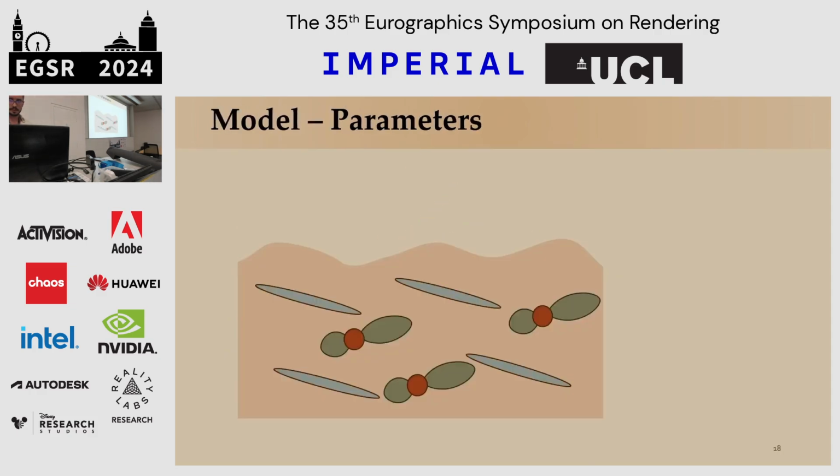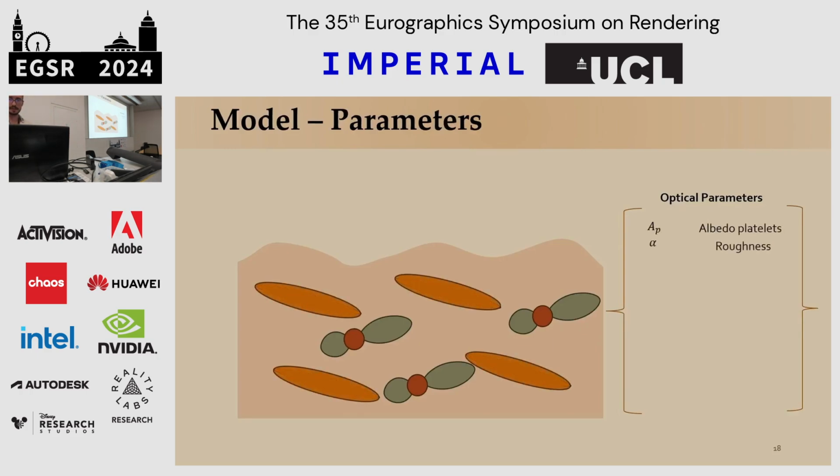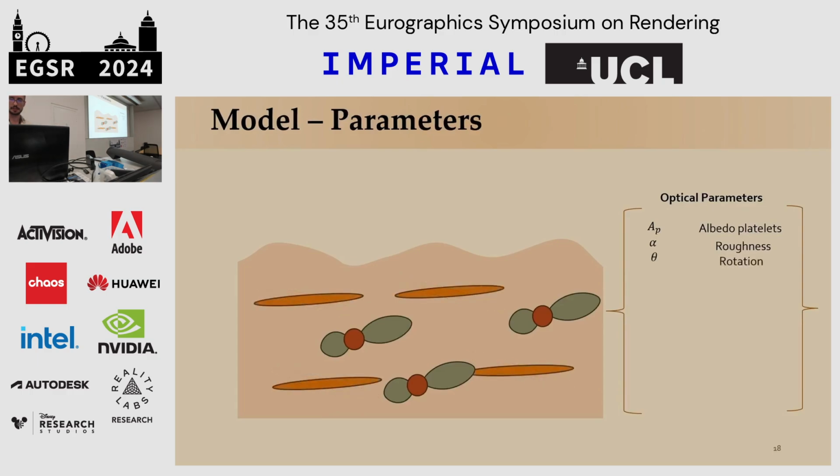So to sum up, our model is essentially a medium with no interface, filled with two types of particles, platelets and diffuse spherical diffusers. And then we have different optical parameters. We have the albedo for the platelets, which allows us to change the color of the platelets, the roughness, as I was saying before, and then the rotation.